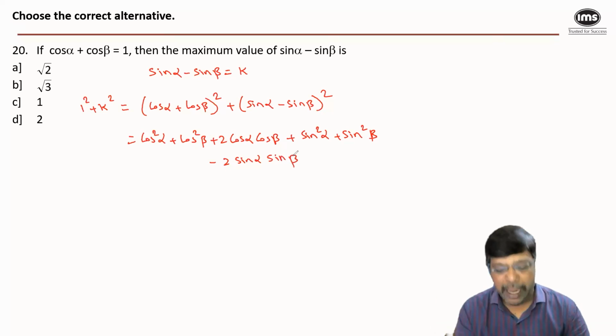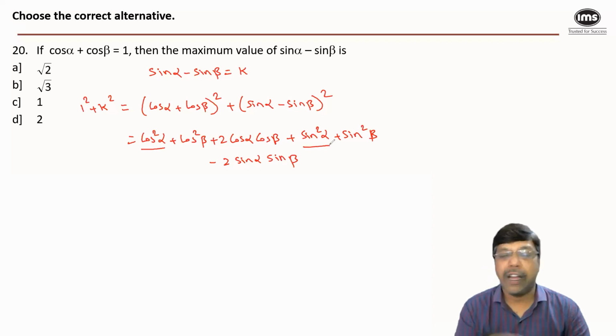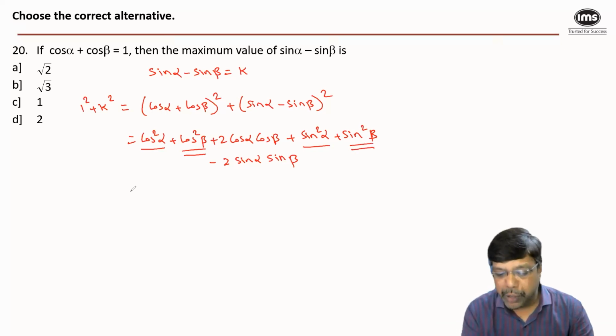If you observe carefully, now cos square alpha plus sin square alpha is 1. Similarly, cos square beta plus sin square beta is 1. So 1 plus 1 is 2.